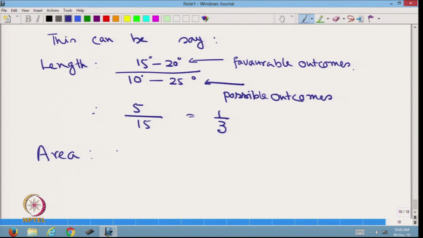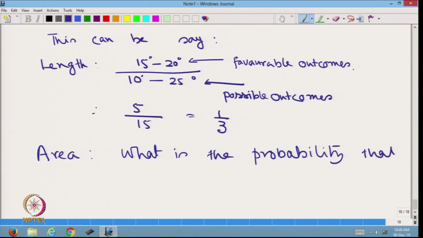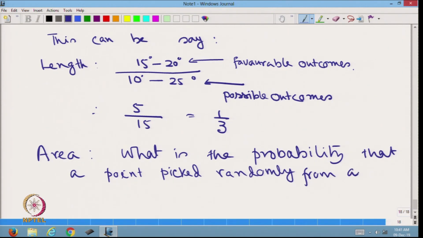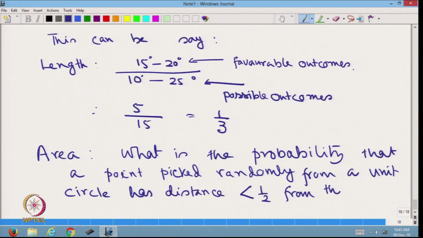Suppose we are looking at the event: what is the probability that a point picked randomly from a unit circle has distance less than half from the center.